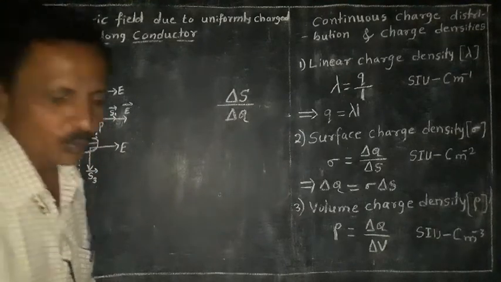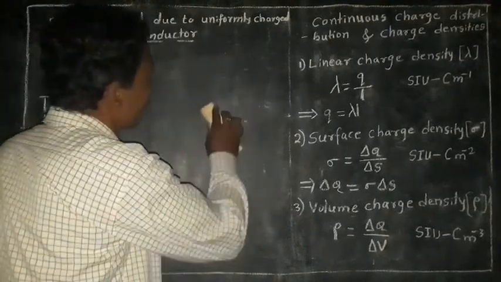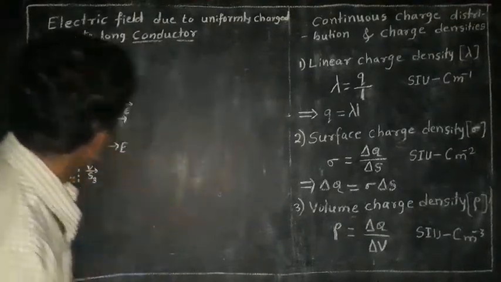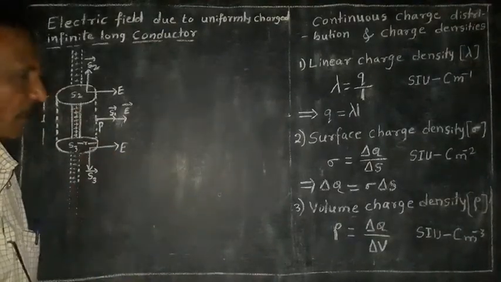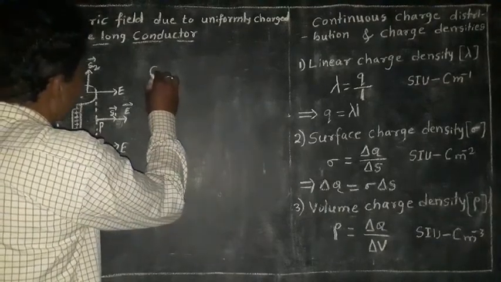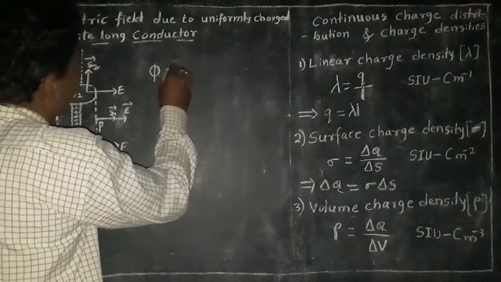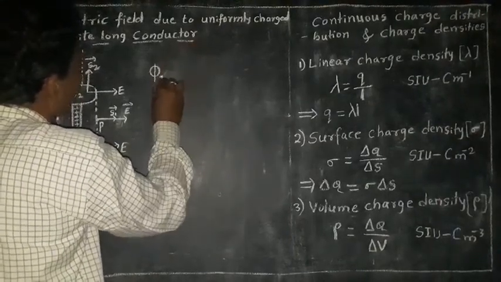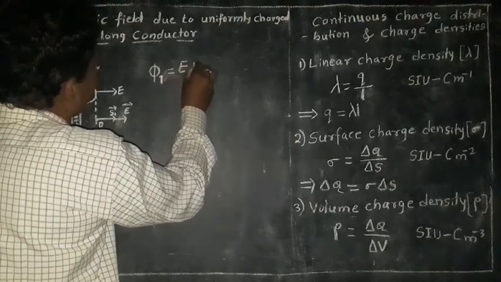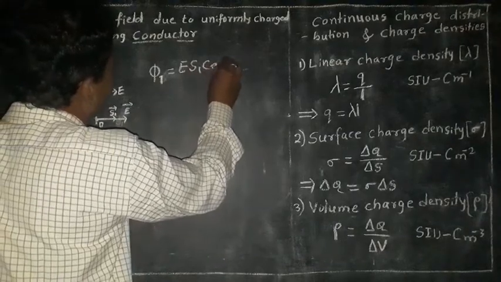Then the total flux is equal to the sum of flux through S1, S2 and S3. Therefore, the flux through the curved surface, phi 1, is equal to E into S1 cos theta.